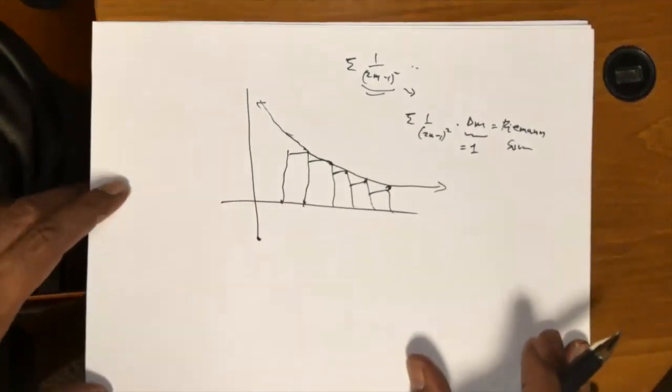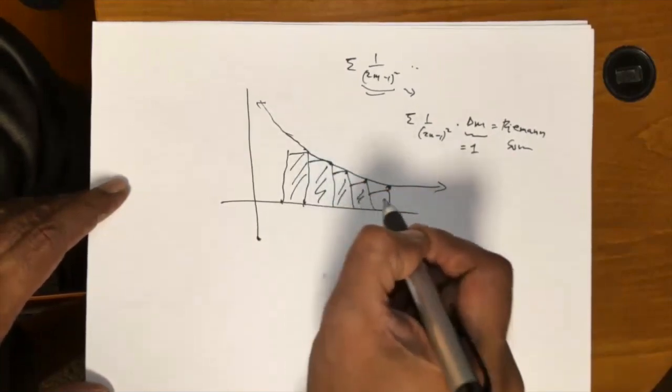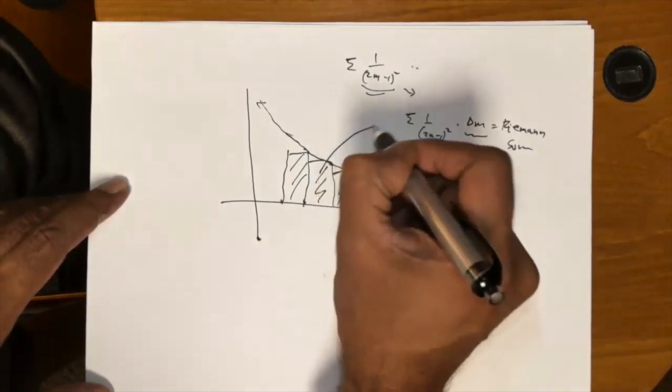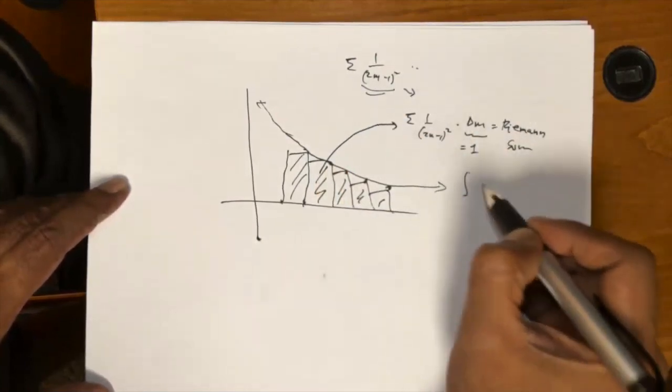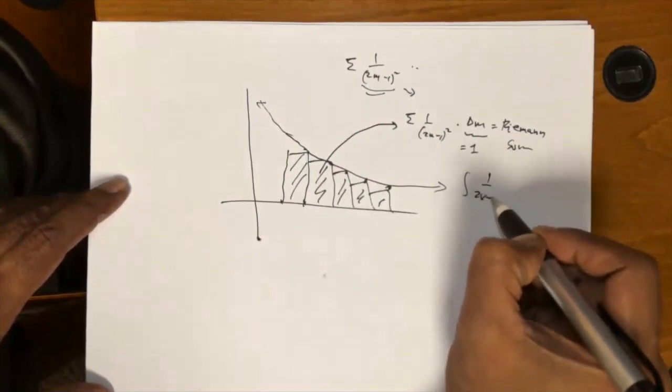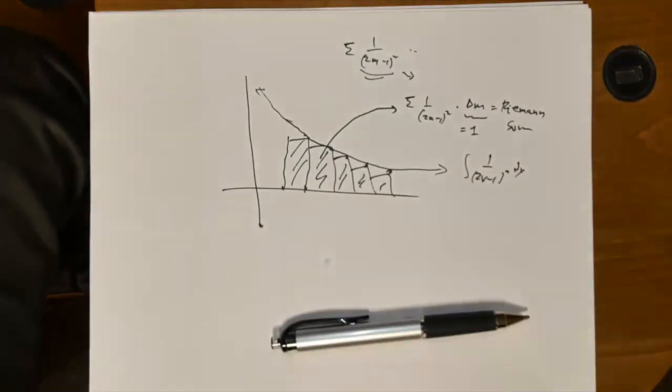So this is the Fourier series interpreted as a Riemann sum. We can bound it, we can compare it to some type of integral of 1 over, in this case, 2x minus 1 dx. Okay, I've written some of the details on that without going into the geometry too much right here.